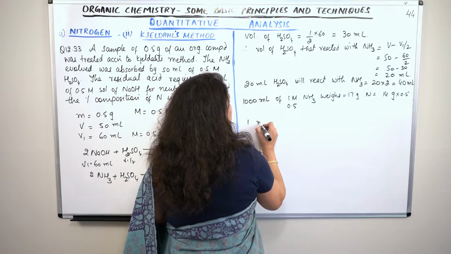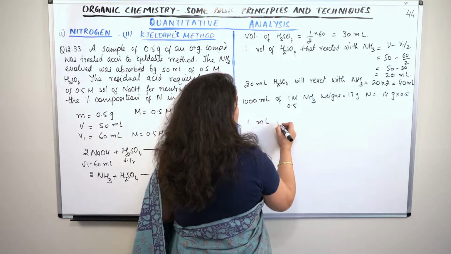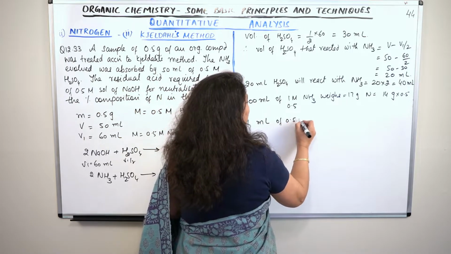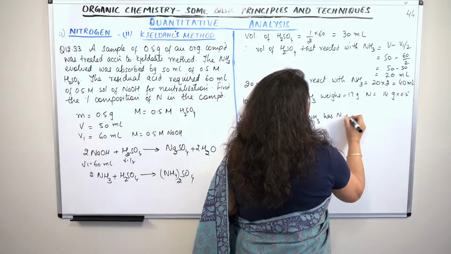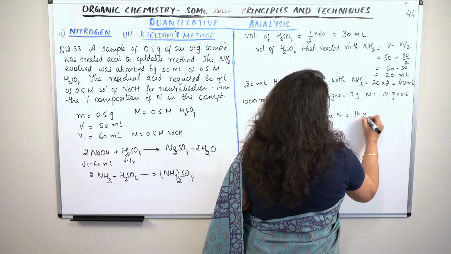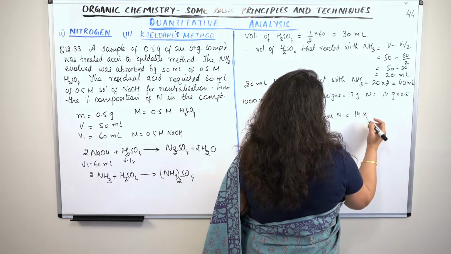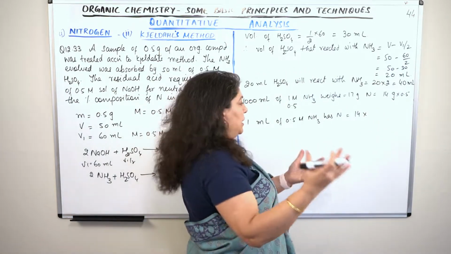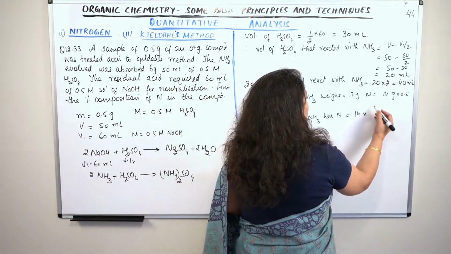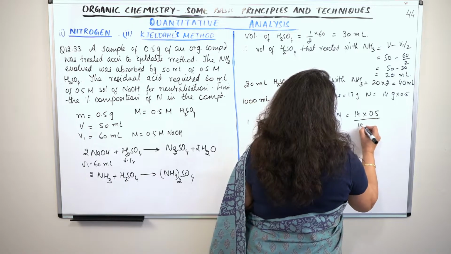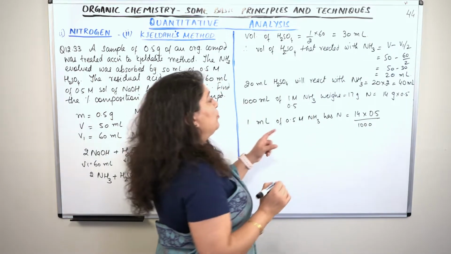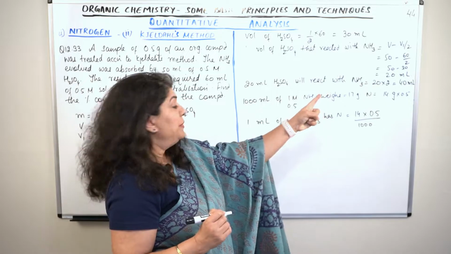So 1 ml, I'm using unitary method here, of 0.5 molar ammonia has nitrogen equal to 14 into 0.5 upon 1000. I'll remove the units now because when I find out the percentage, I'll not have the units in any case. But what is the volume that I have? I have 40 milliliters.